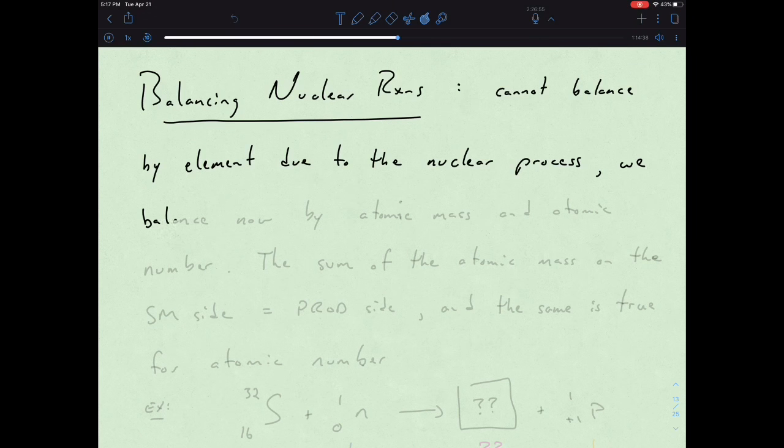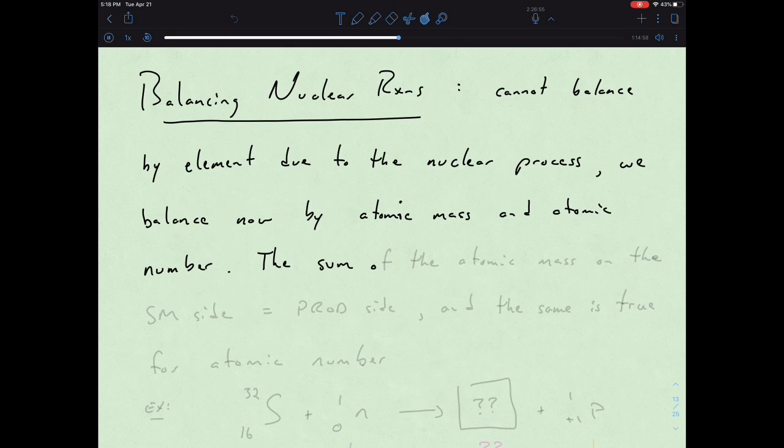We balance now by atomic mass and atomic number.